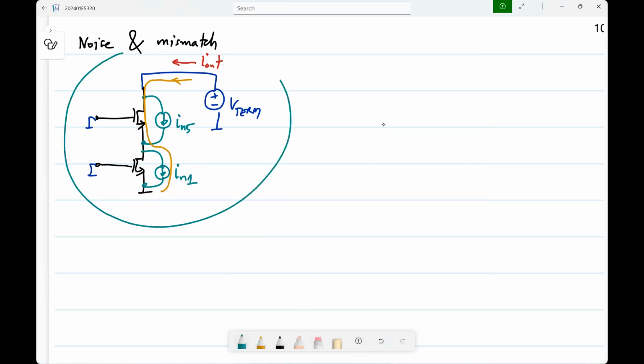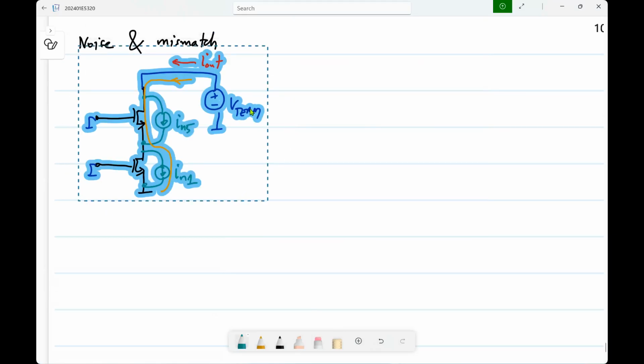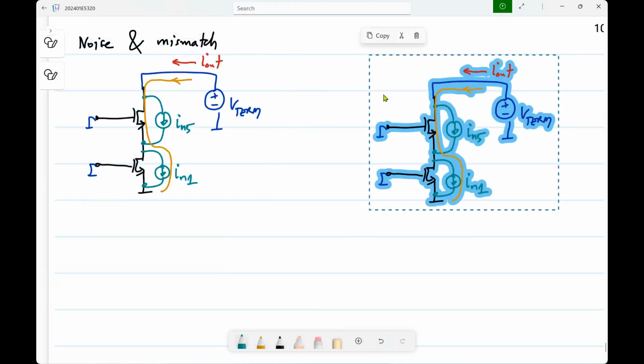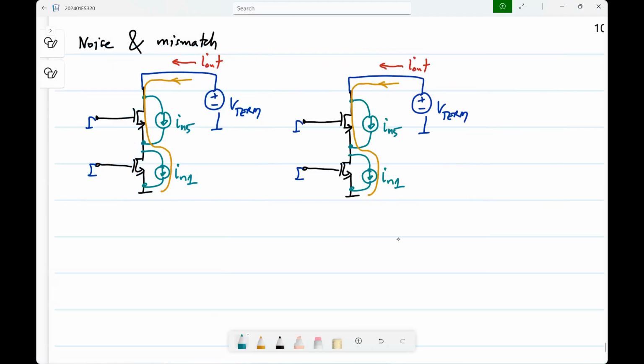Now, what about IN5? How would you analyze this? So, the usual thing we can do is break this into two pieces, IN5 and IN5 that way. Now, of course, this bottom IN5 is exactly like IN1, right? So, all of it goes that way.